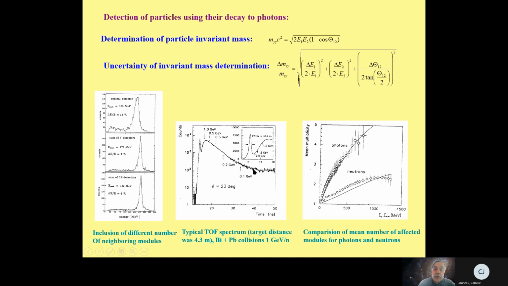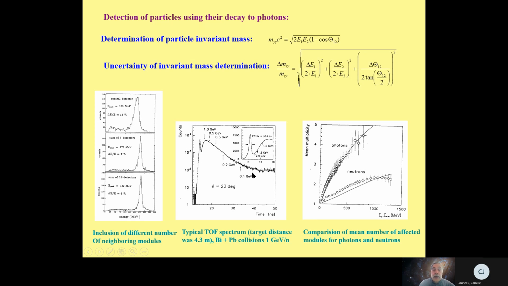And here there are neutrons because they come later. This timing is in nanoseconds, and the distance was about 4.3 meters. If you calculate this time for photons, you will obtain some nanoseconds, and you will have the peak here.